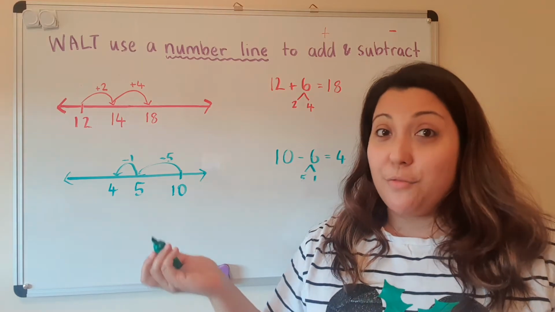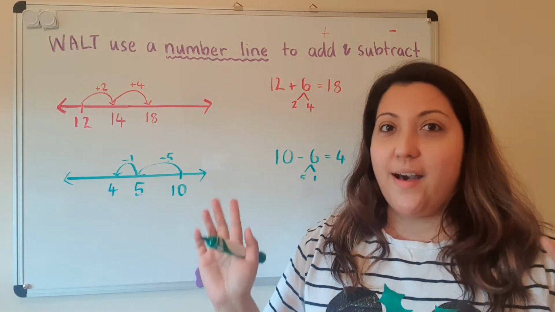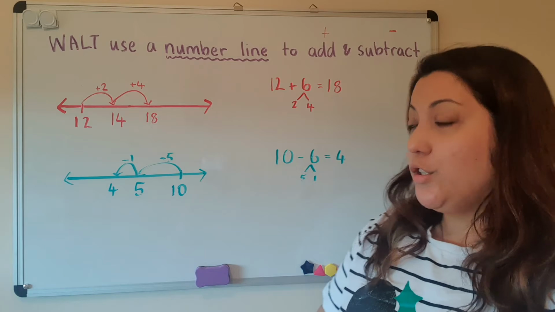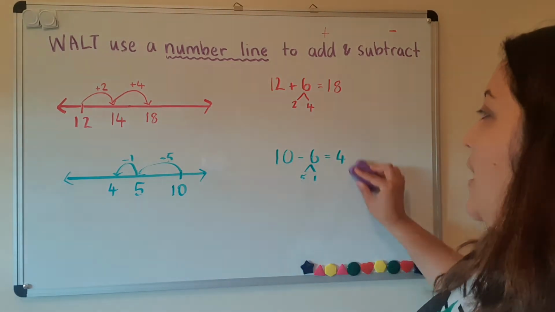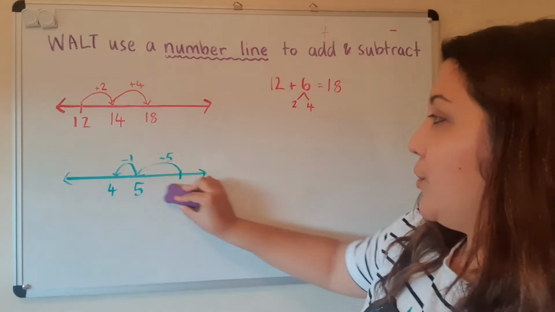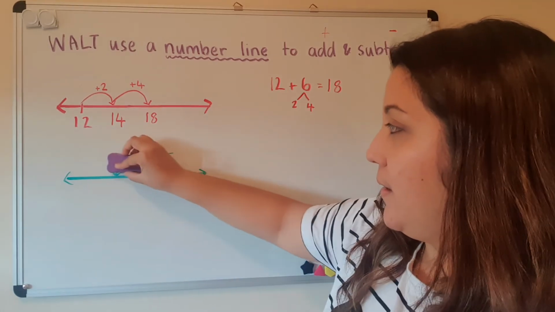Now, you might already know your friends of 10 off by heart, which is fabulous. But I was just showing you how to do this on a number line. Let's try a bigger two-digit number, shall we?